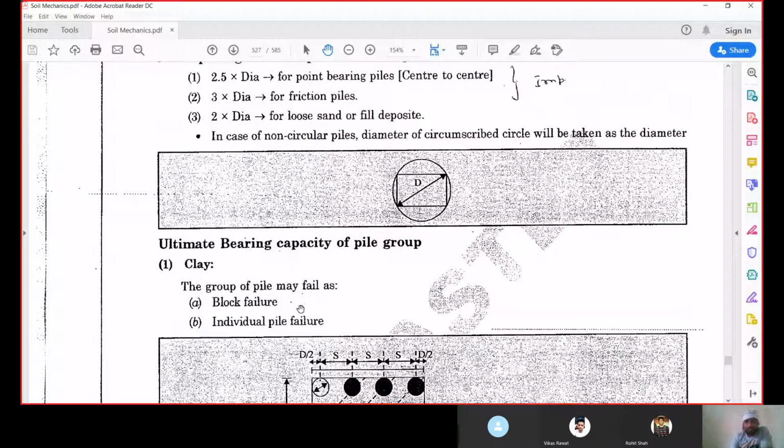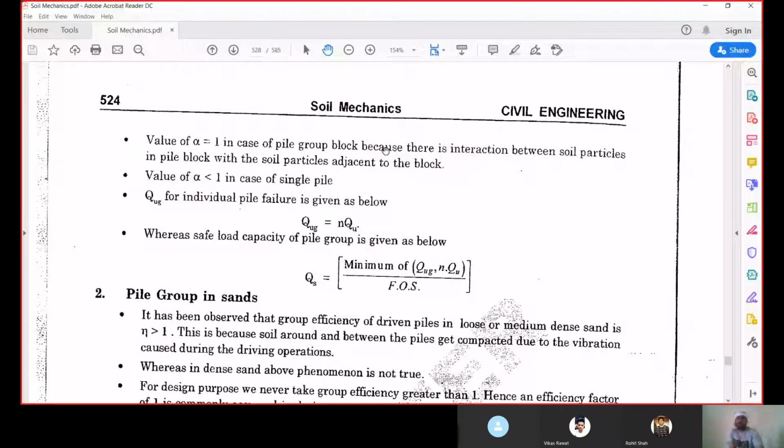Now the Qug for individual pile failure is given as below. When you want to calculate the ultimate load for the single pile, we find out the ultimate load capacity for a single pile and multiply by the number of piles installed in the group. This is due to individual action. Now, when we have to find out the ultimate load capacity, what do we take?